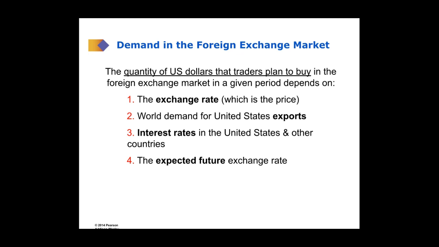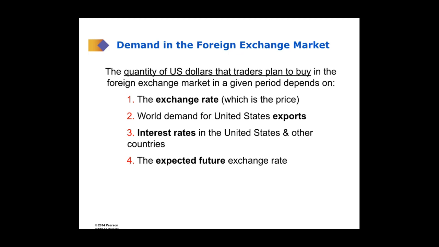If the demand for a country's exports are high, then the demand for their currency will be high because people will need to get the currency in order to pay for the exports. If interest rates in a particular country are high, the demand for that currency will be high because people will want to transfer money into that currency so they can make investments that earn the higher interest rates.